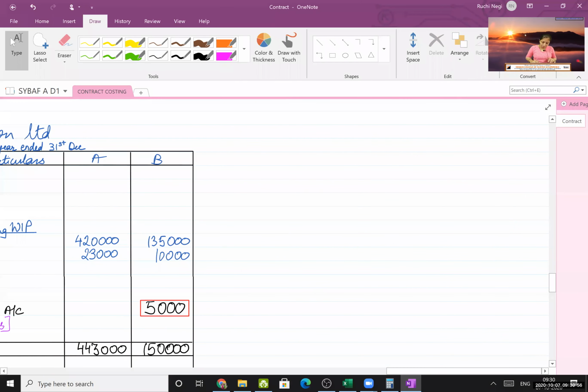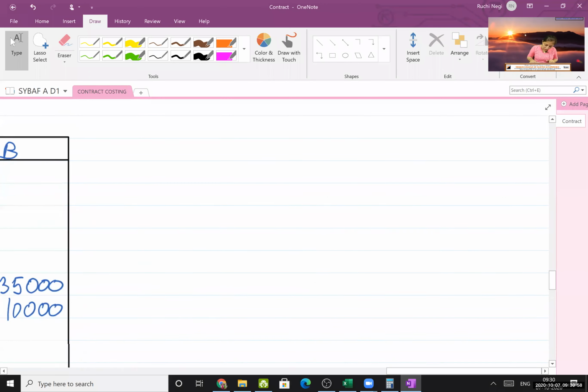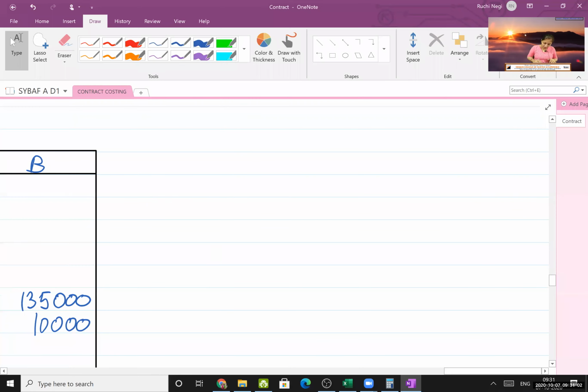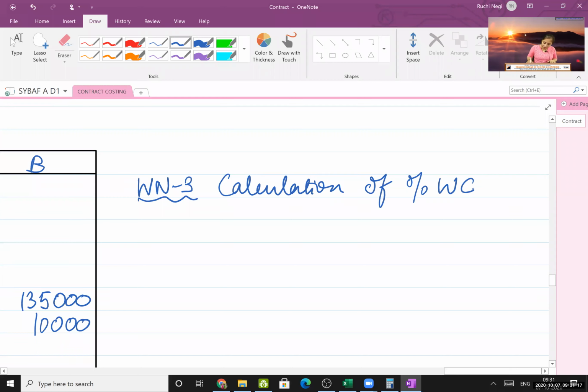Okay. So after notional profit, these are the steps you have to follow. So I'm writing it here. Working note number 3, calculation of percentage of work certified.